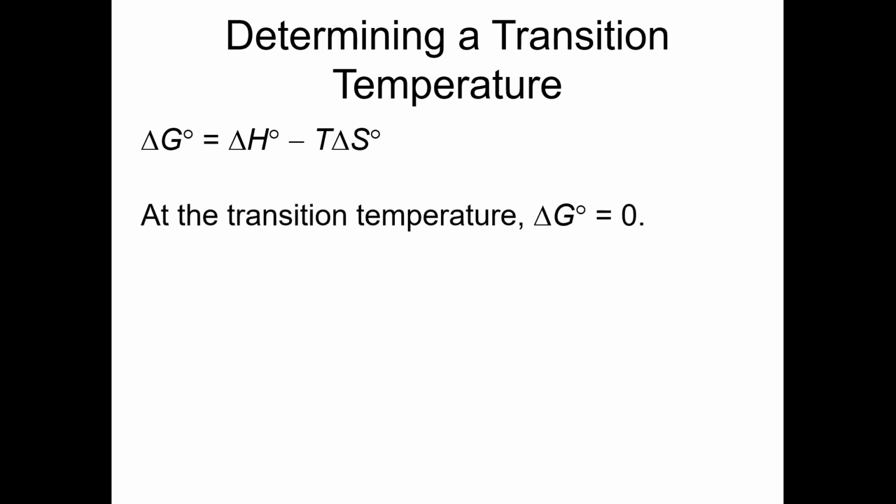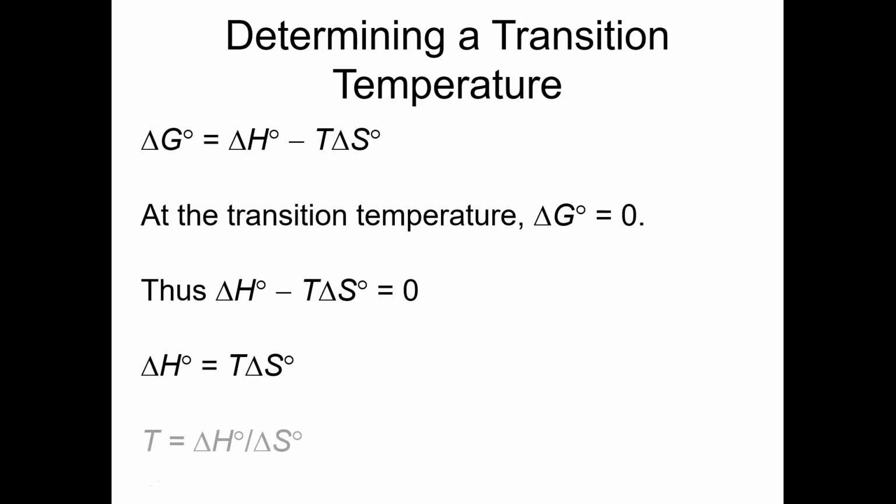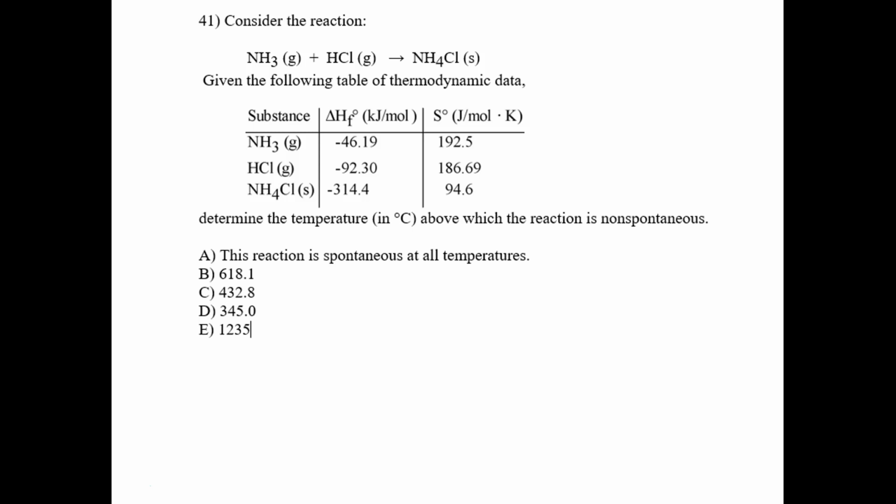So at the transition temperature, delta H minus T delta S is equal to 0. Therefore, just using algebra, delta H is equal to T delta S. I just got that from adding T delta S to both sides. Now I divide both sides by delta S, and that transition temperature is going to be equal to delta H divided by delta S. So let's try a problem.